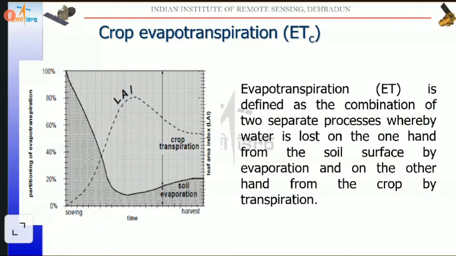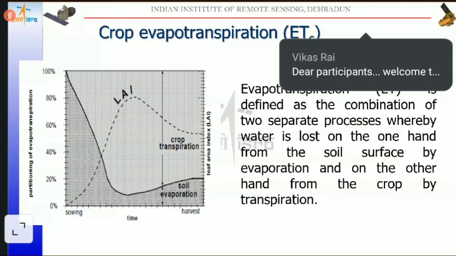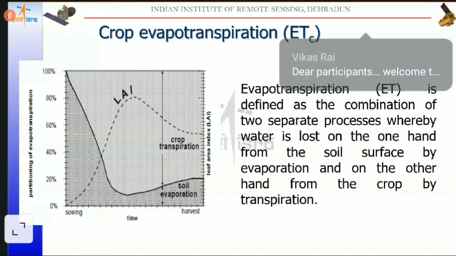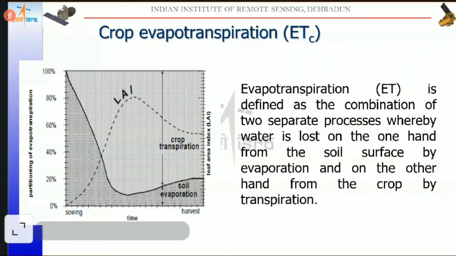The figure in the slides beautifully depicts the variation of evaporation as well as transpiration separately with the crop growth or crop phenology. Crop phenology simply defines the lifespan of the crop from sowing to harvesting.